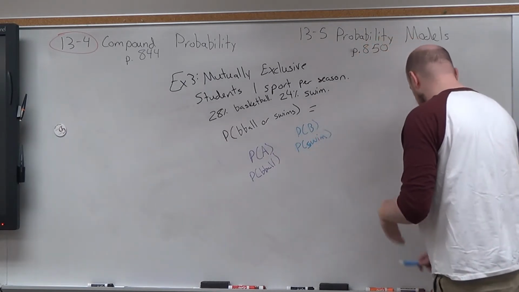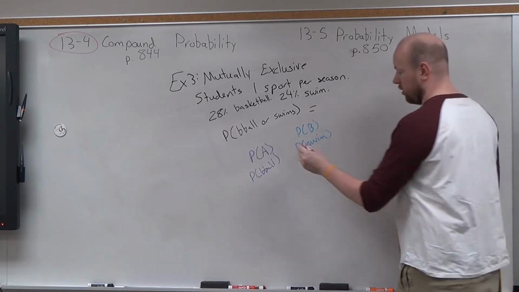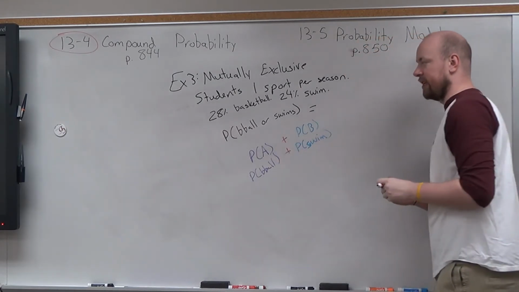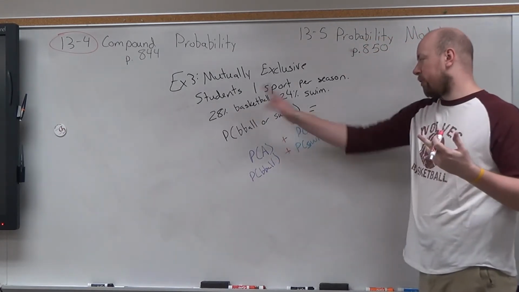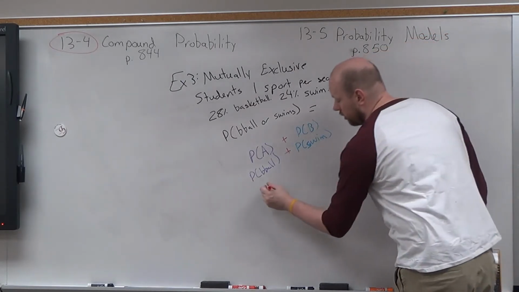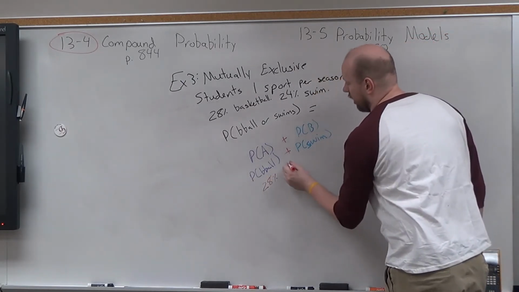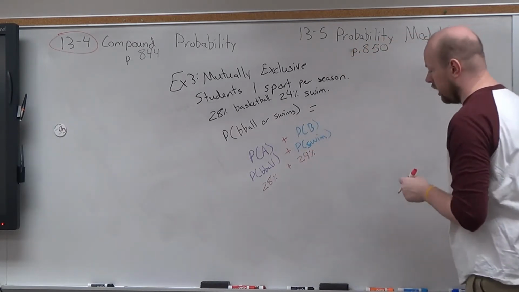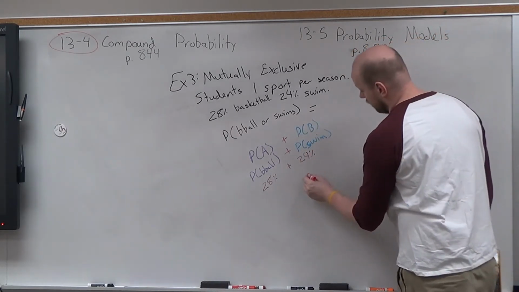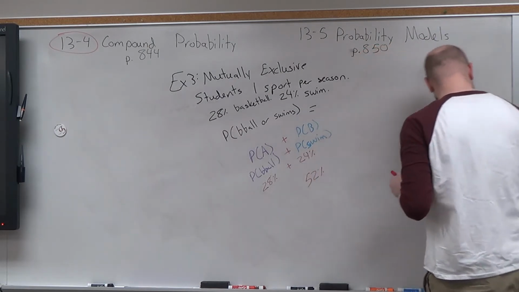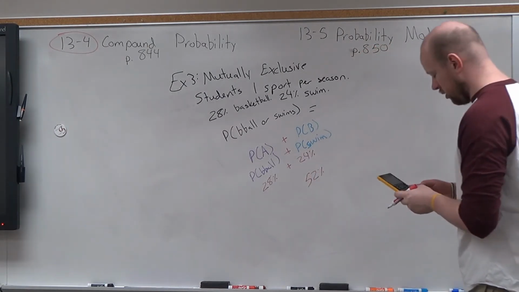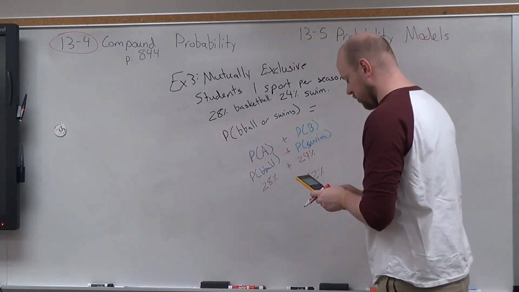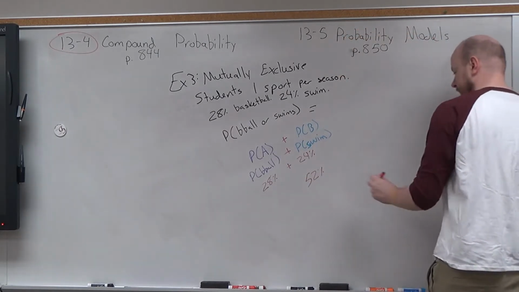And then we could just add them together, as we said earlier. Now, the good news is they're already broken down in percentages, so I get 28%, and I also get 24%, and I can just add them directly. 28 plus 24, that would be 52%.